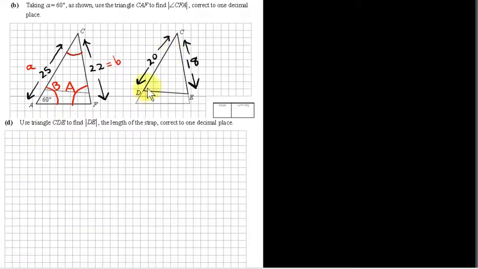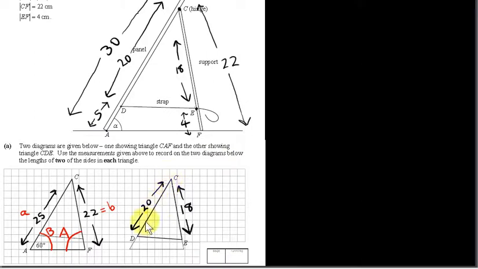Use triangle CDE to find the distance between D and E, which is the length of the strap, correct to 1 decimal place. Well, we can see that CDE is part of triangle CAF. Actually, this point here is D, and this point here is E. So this angle here is the same as this angle here.